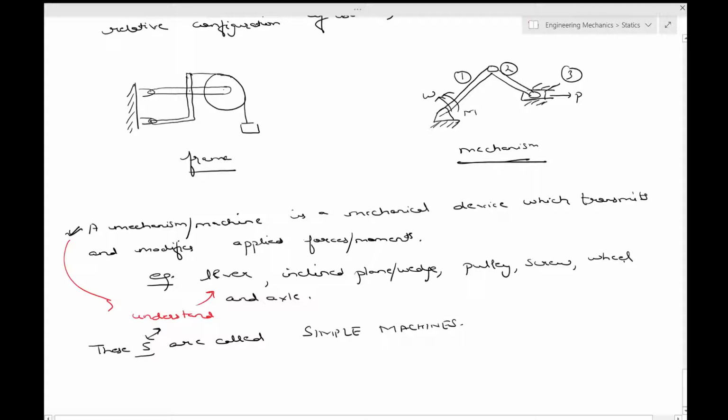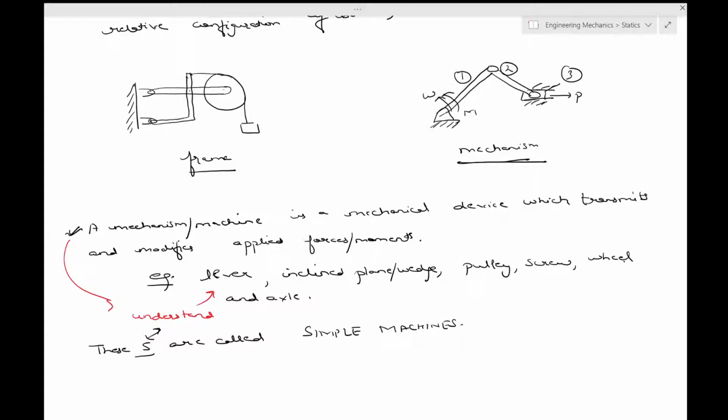Now the mechanisms in general or machines, there is change in configuration because that's how we define it, right? The relative change in configuration is there of the parts, and not all of them will be in equilibrium all the time. Some of them may be, say, translating or accelerating angularly or in any other way, so they will not be in equilibrium under given loads. Maybe there are some parts in equilibrium.